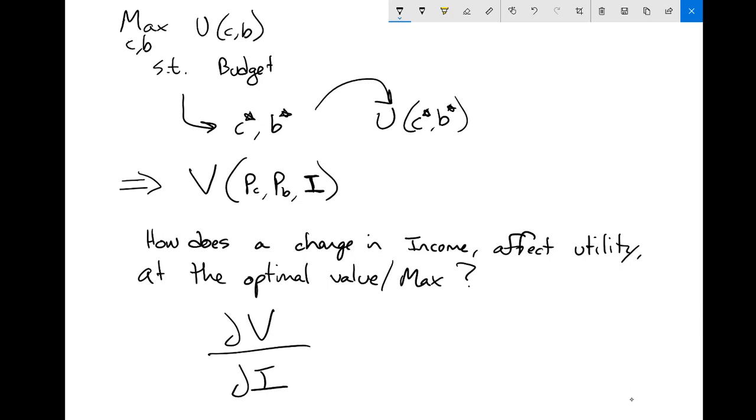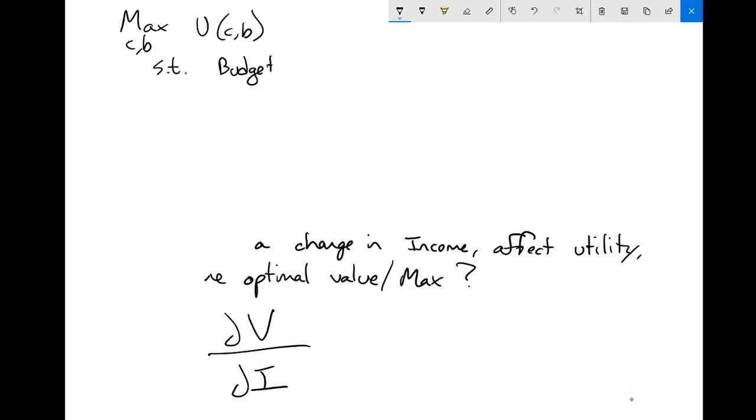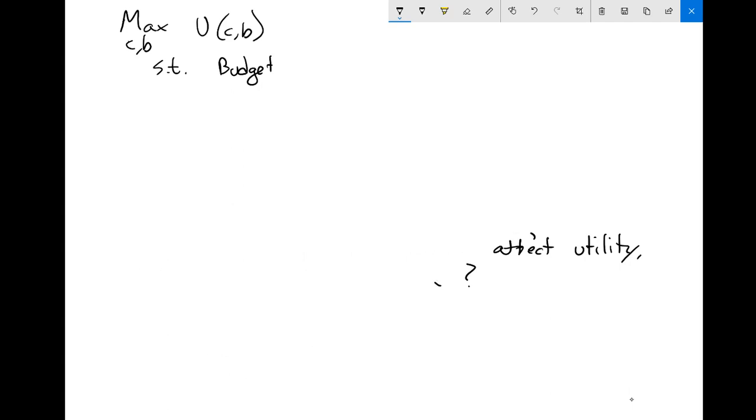Okay, well, let's look at that here. Let's try to answer that question here. And we're going to use that trick. We're going to use that theorem that we talked about in the last math review lecture, the envelope theorem. So let's just take a look at this. Let's say that I have my value function. Actually, let's go back.